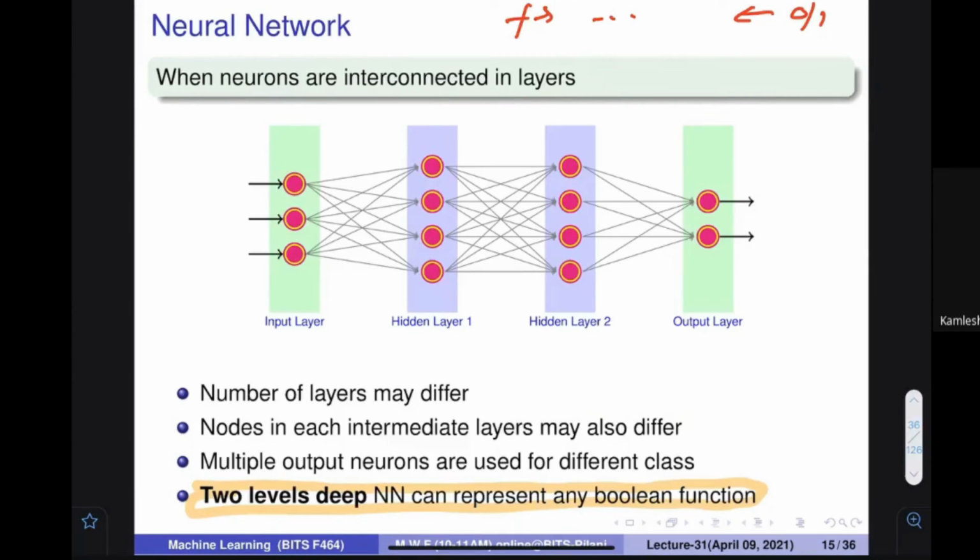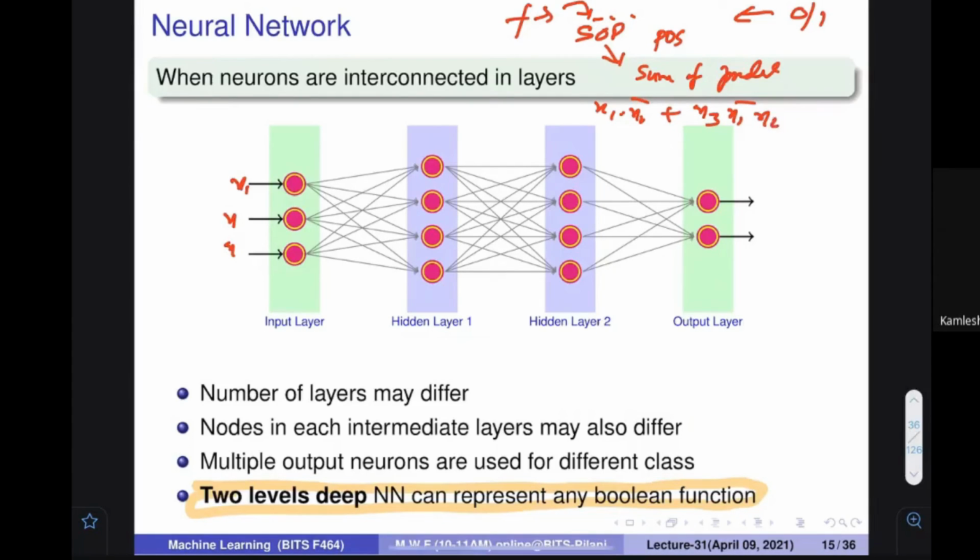You know from digital logic that any Boolean function can be represented as an SOP or POS form. What is the SOP form? Sum of products. If the inputs are x1, x2, x3, you can find the product terms such as x1 x2 bar, plus x3 x1 bar x2, plus and so on.